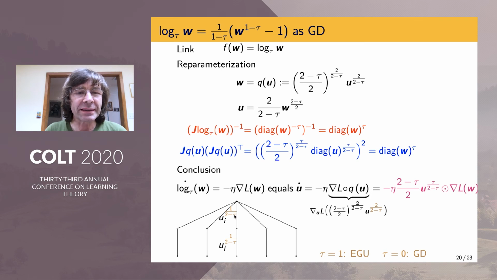When tau equals 0, you get U_i to the power of a half, which becomes U_i. So that's the linear neuron. When tau equals 1, you get U_i squared, which was the multiplicative update simulation.